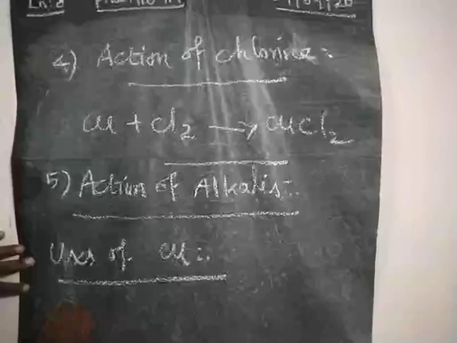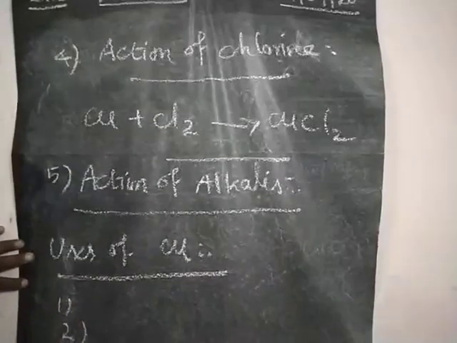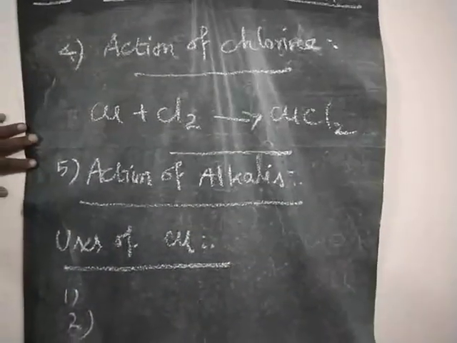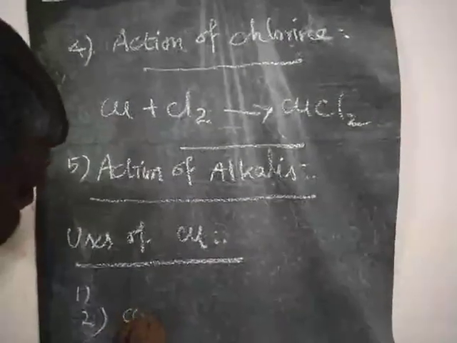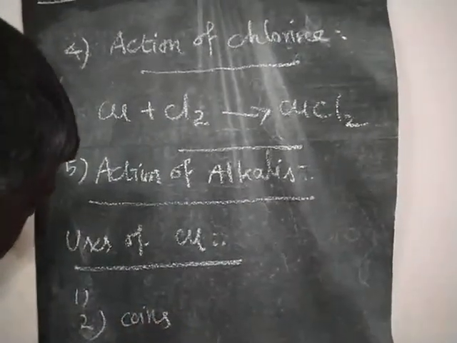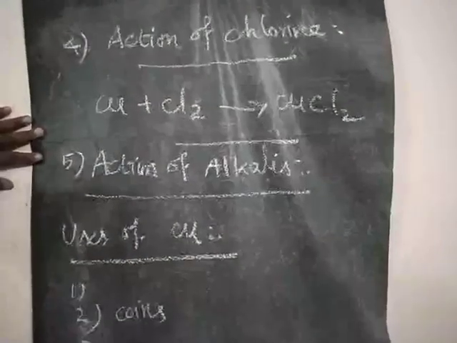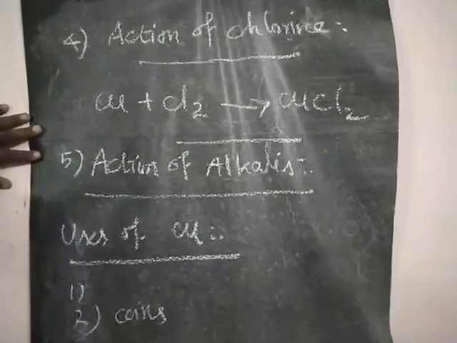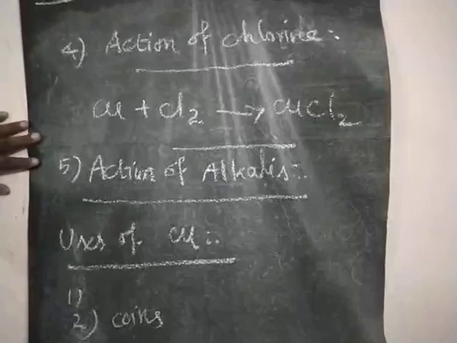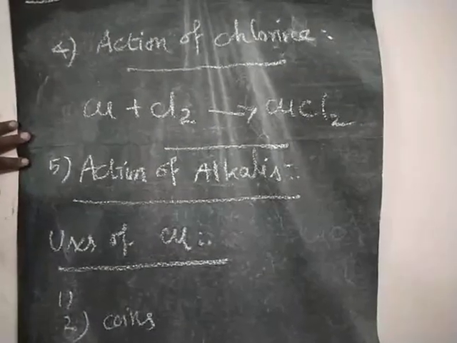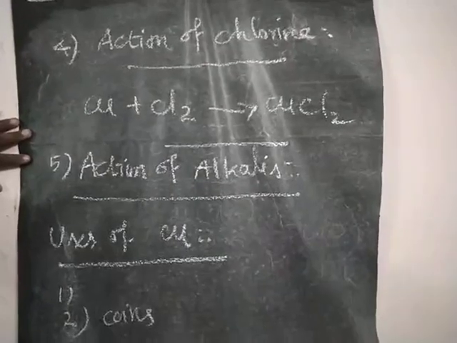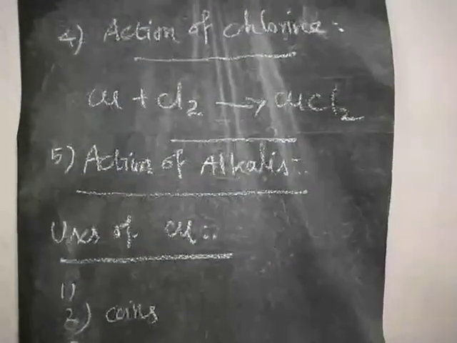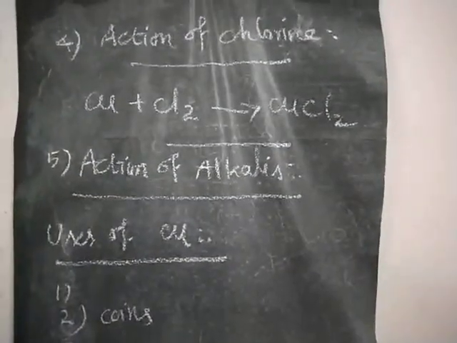Second, it is used to make containers, calorimeters and coins. Third, it is used in electroplating reactions. Last, it is alloyed with gold and silver to make different types of coins and ornaments. These are all the uses of copper.